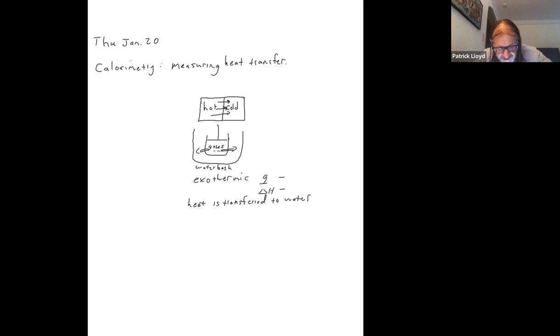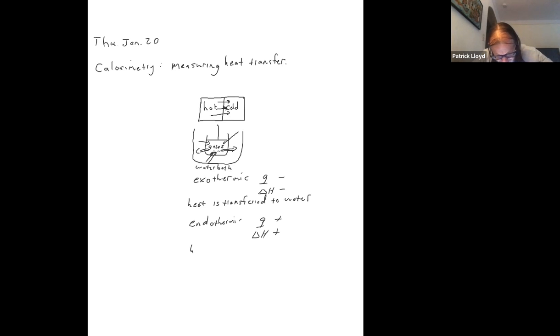If, on the other hand, the reaction is endothermic, then we'll find that heat goes from the water into the gases. So for endothermic, Q is positive or delta H is positive. You can use heat or enthalpy changes.